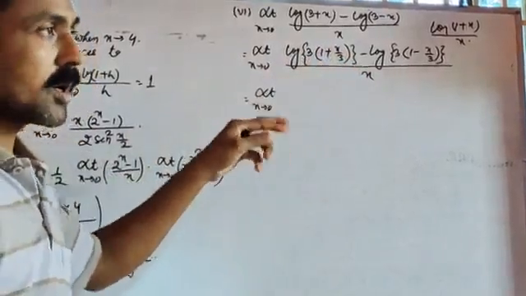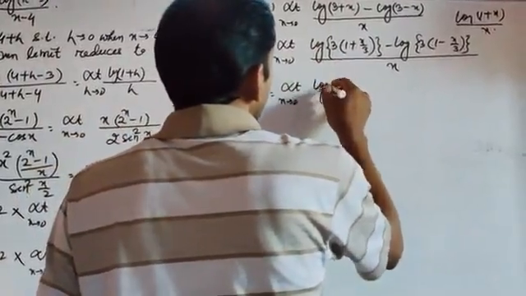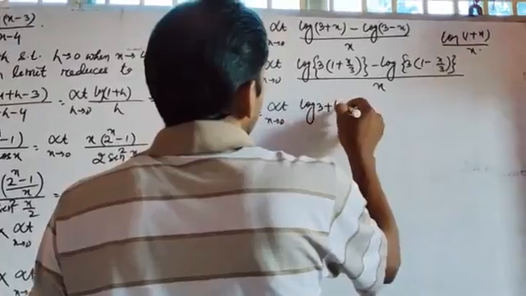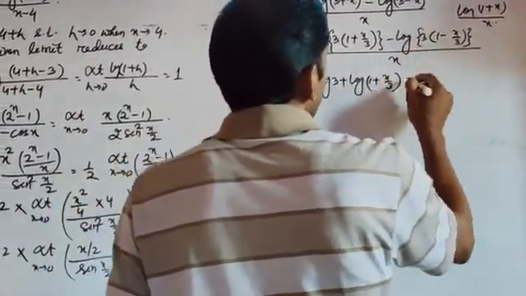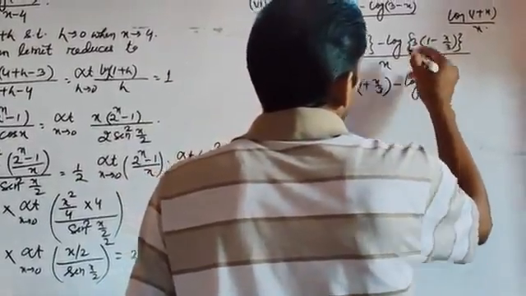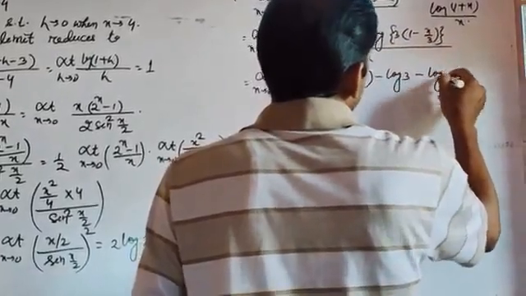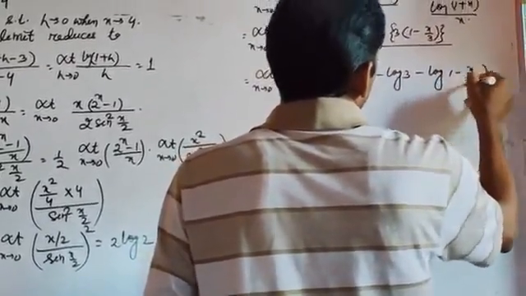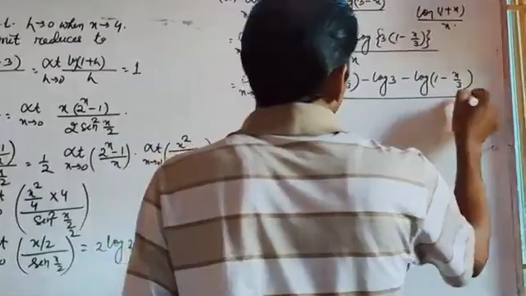The property I have given is log AB is log A plus log B. So you can write it as log 3 plus log 1 plus x by 3 minus log 3 minus log 1 minus x by 3, whole divided by x.